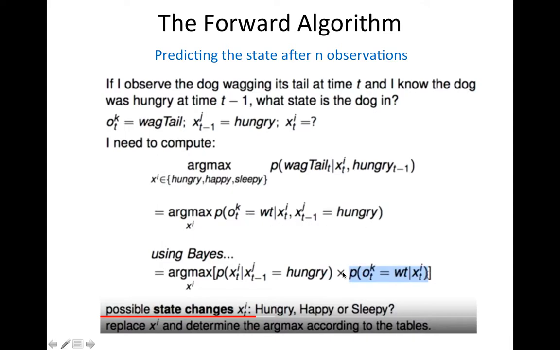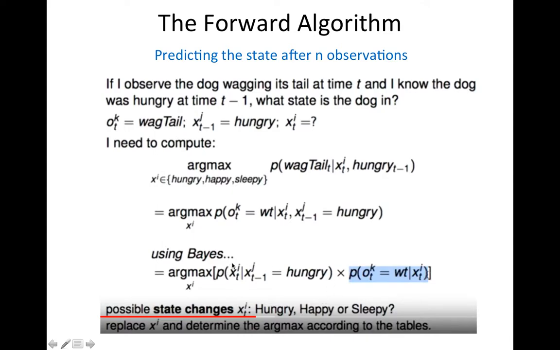Using the Bayes formula, this is the probability of xt given xt minus 1 times the probability of the observation, wagging tail, given the state xt. This is the classic transition probability, and this is the emission probability. So you can easily compute that.